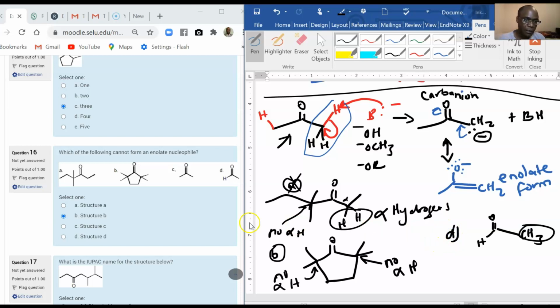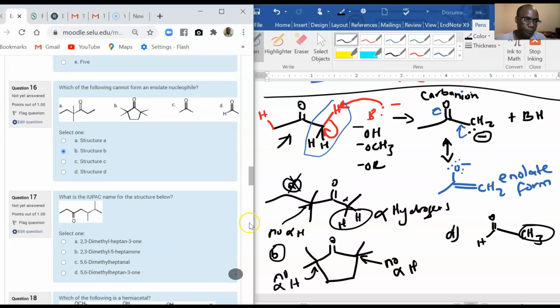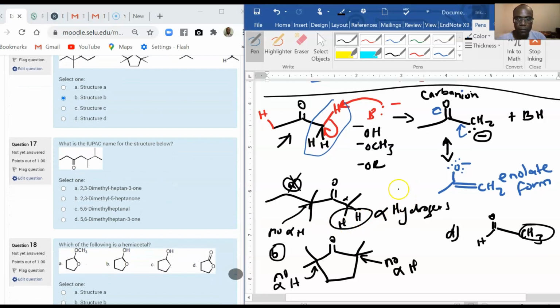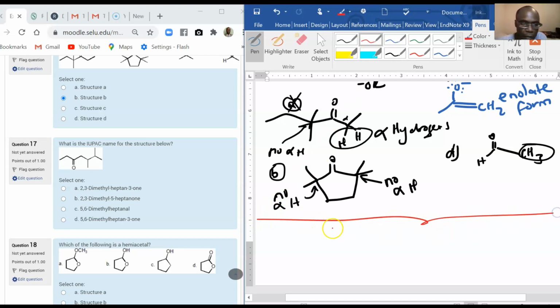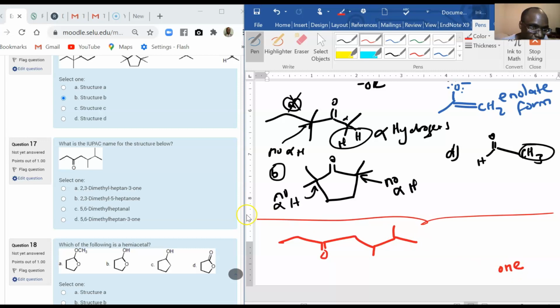What is the IUPAC name of the structure below? Let's move both pages down. Okay, so the structure looks like this. It seems to be a ketone, so the suffix name should be ONE. Okay, so C is out, that's an aldehyde. Alright, so give the carbonyl the priority numbering, locant position.